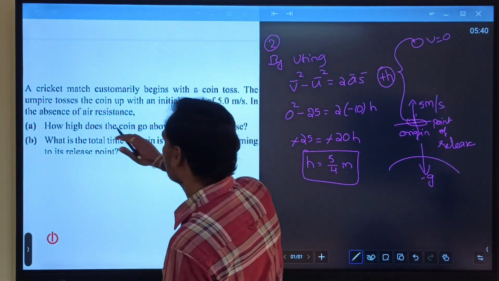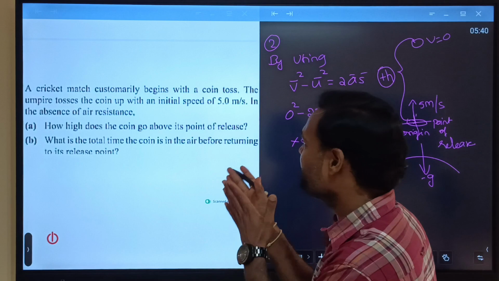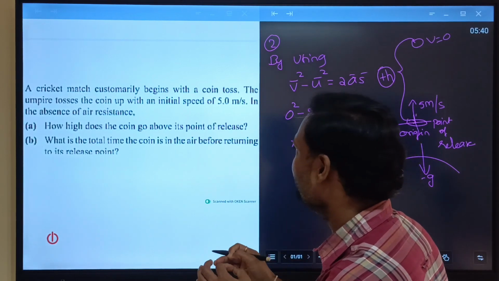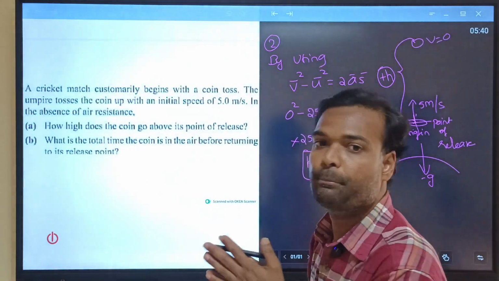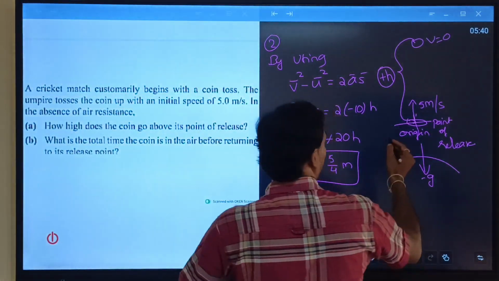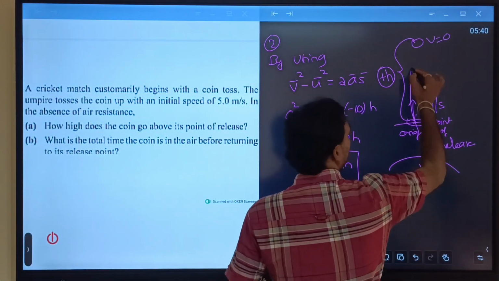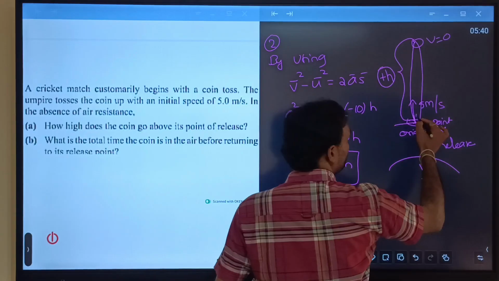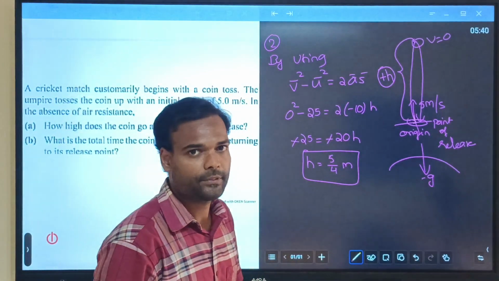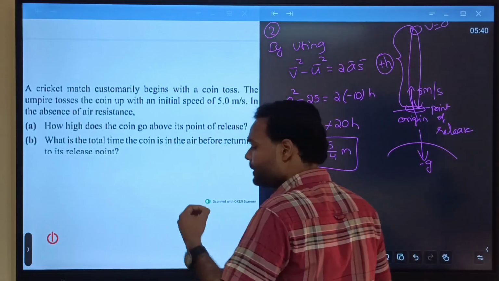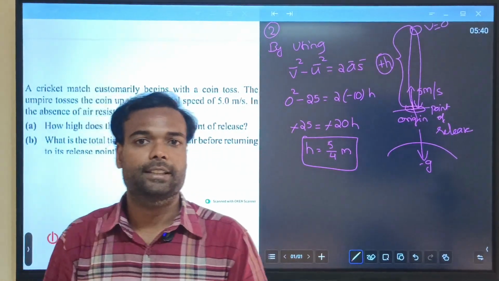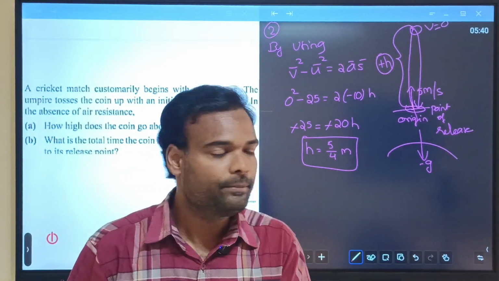Then the first question is completed. Second question: what is the total time the coin is in the air before returning to its release point? That means it starts its journey here, reaches here, and again comes back to its original position. Now for the whole journey, how much would be the time taken for the object? This is what they are asking.